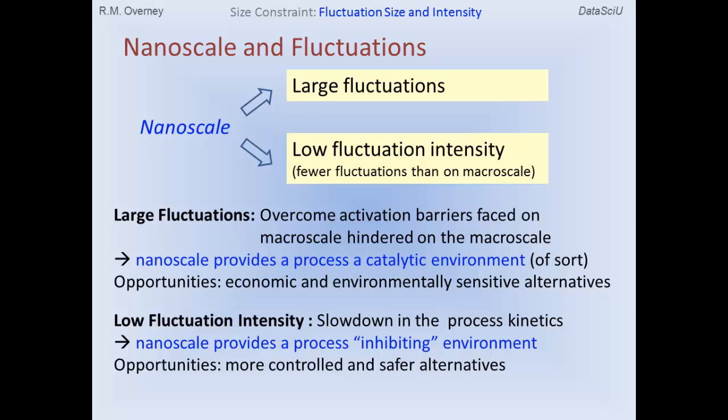From this perspective, the nanoscale resembles an inhibiting-like environment. It is important to note that the catalytic and inhibiting aspects of the nanoscale are not mutually exclusive. Both of them can occur at the same time.